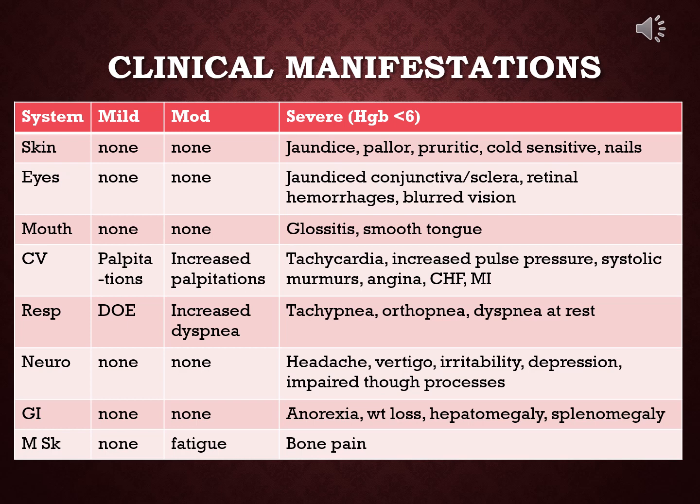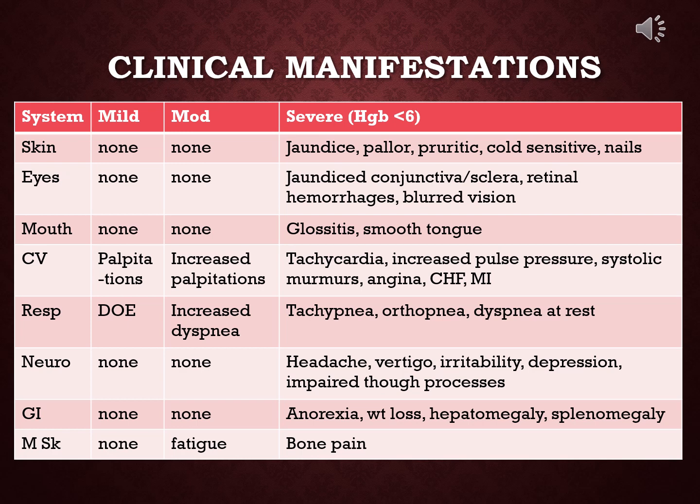You may get some palpitations, some dyspnea on exertion, might be a little tired, but for the most part, you could attribute these symptoms to something else. Then when you get to the category of moderate anemia, a little bit more palpitations, maybe some increased dyspnea, definitely some fatigue going on. But again, you could attribute these to something else.